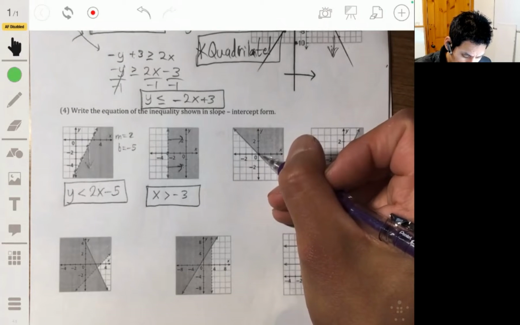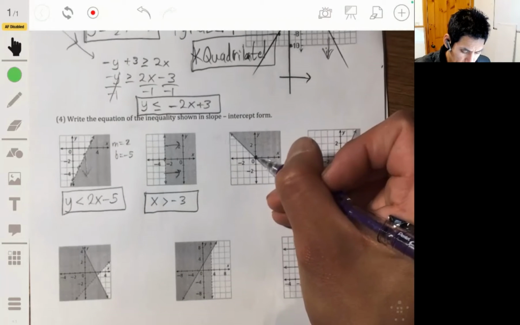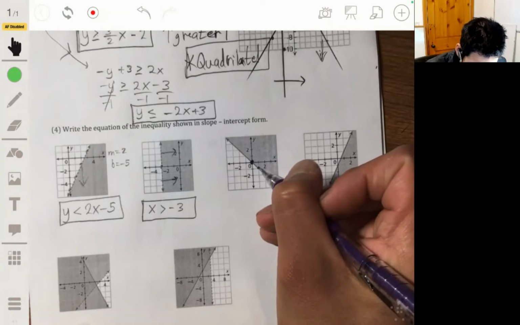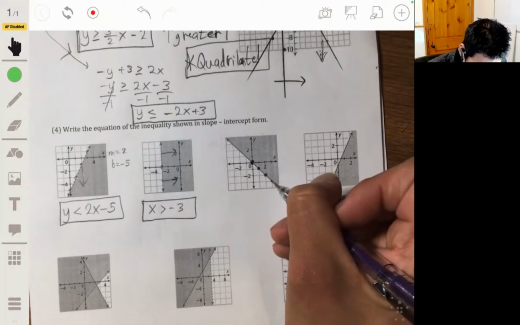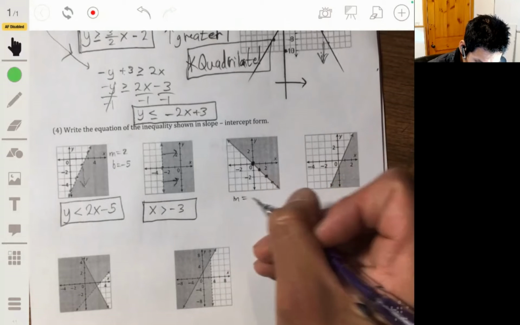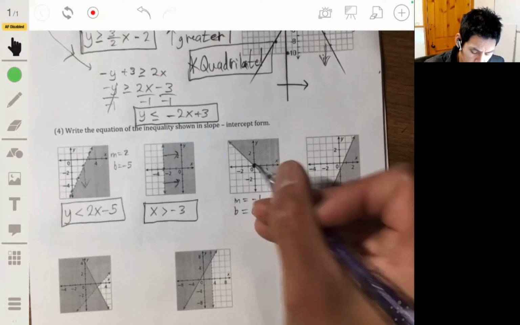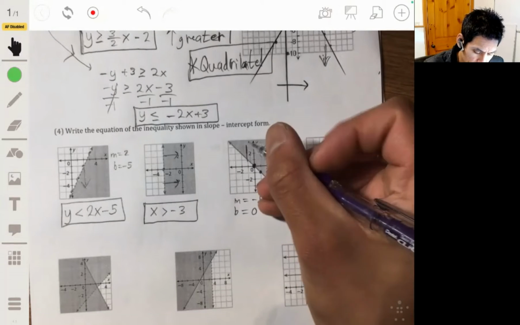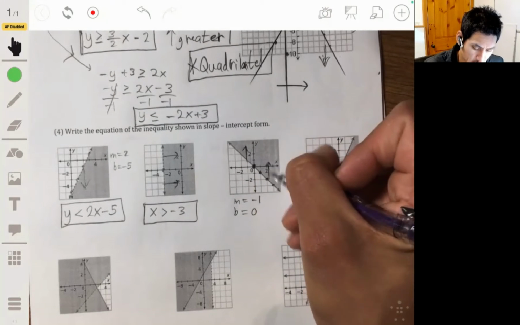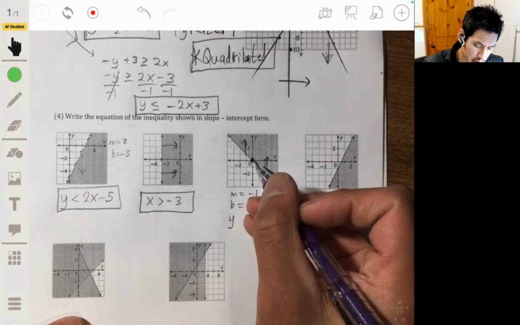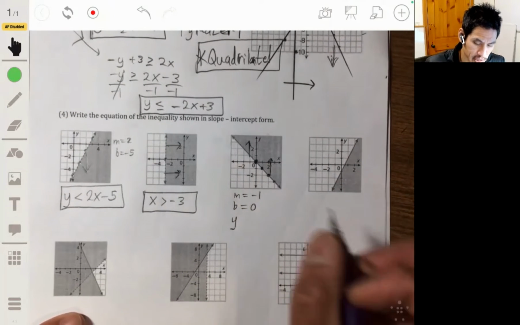All right. Third one. This is one that students sometimes overthink and get confused. The slope here is -1, first off. The y-intercept is 0, because it's the origin. And we're talking about above this line. So greater than. The y is greater than or equal to, because we have a solid line.